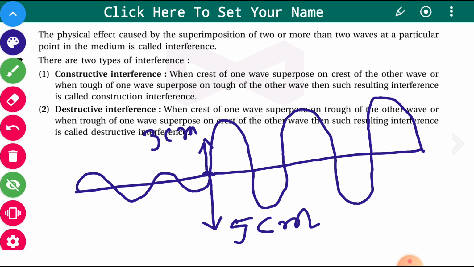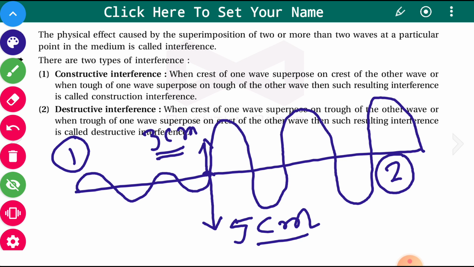Individually, if they are incident, the first wave gives 3 centimeter displacement in upward direction, and if the second wave is reaching individually in absence of the first wave, then it gives 5 centimeter displacement in downward direction. If both the waves are reaching simultaneously at this point, then what will happen?